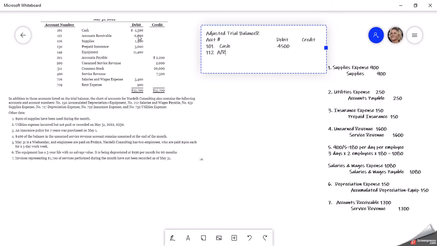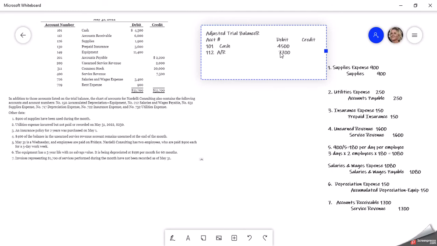So it started with the $6,000 here. As we look through our entries, I added $1,700 to that. So then my accounts receivable now is going to be the 6,000 plus the 1,700. So 7,700. If I was using a real board at school, I would T account them. But again, it's a little challenging in this app that I'm using.